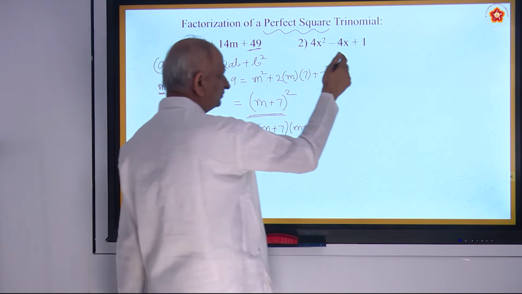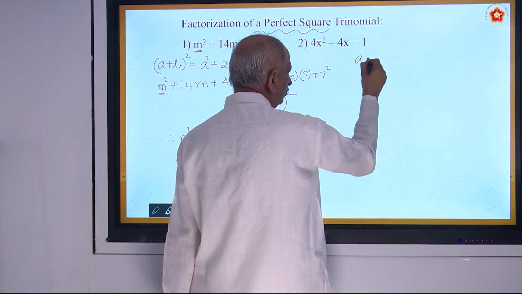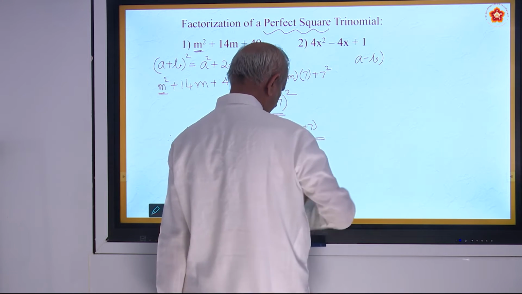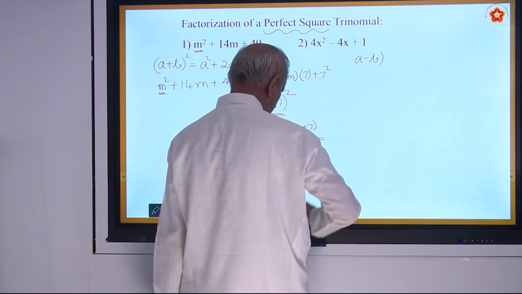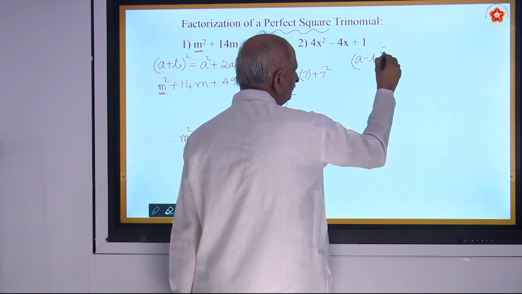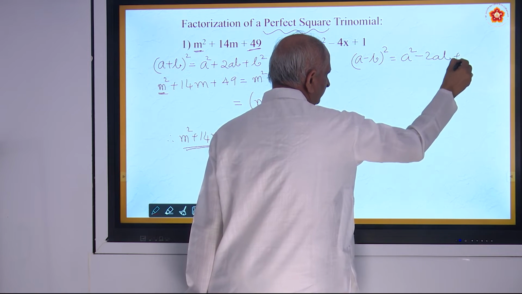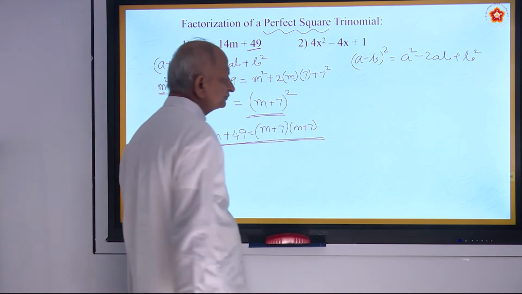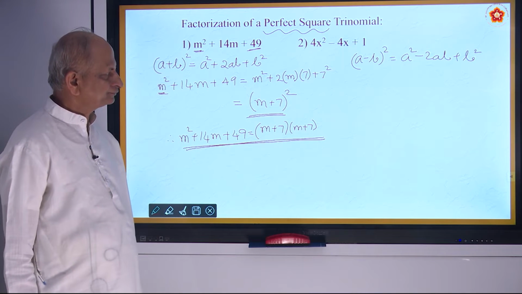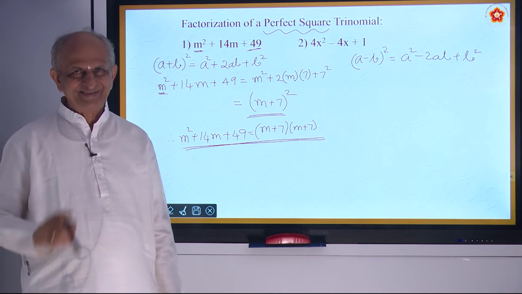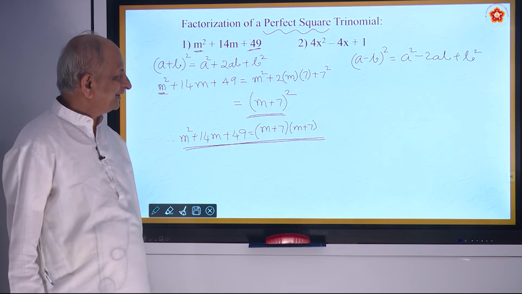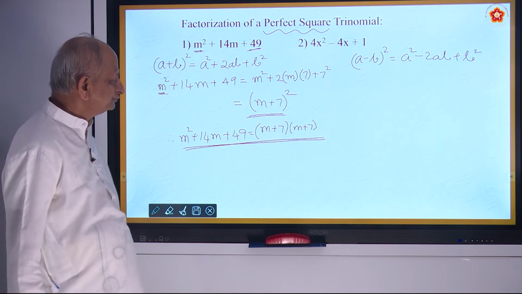It is in the form of, so we know that (a minus b) whole square is equal to a squared minus 2ab plus b squared, that formula. Is it correct? So you must reduce into that form.